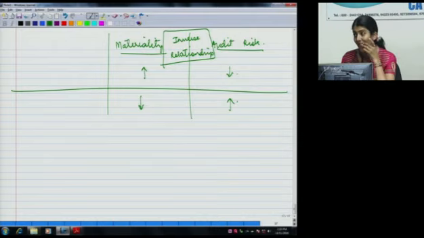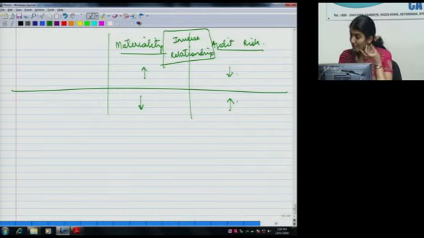For example, we set the materiality at 10,000 rupees, and we found that eight misstatements amounted to 8,000 rupees each. We ignored them because our materiality level was 10,000. So there's an audit risk that 64,000 rupees might be materially misstated.